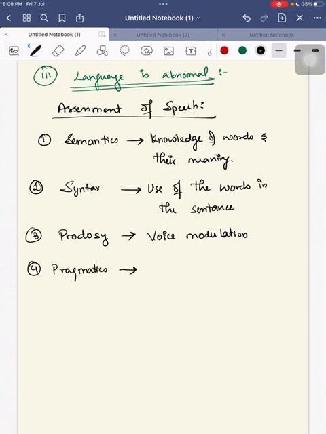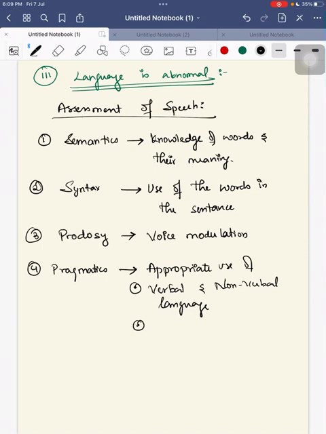Pragmatics is the ability to follow the social rules of conversation. That is appropriate use of verbal and non-verbal language.